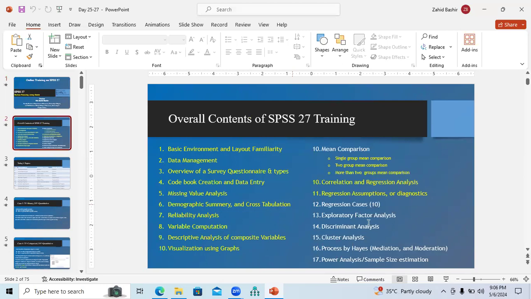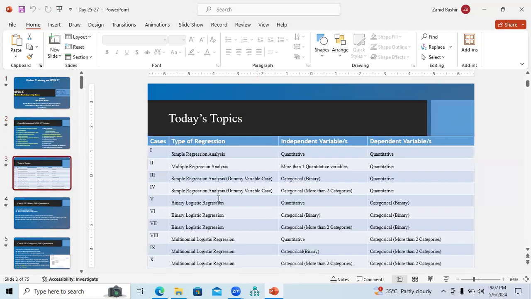So far, we have covered a lot of topics. Since our previous session, we have started regression cases and we have considered the first four cases that we have analyzed here.